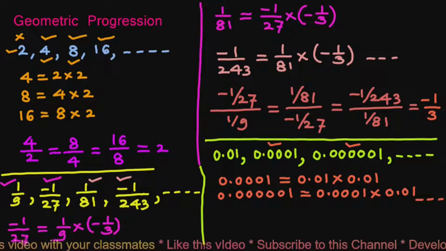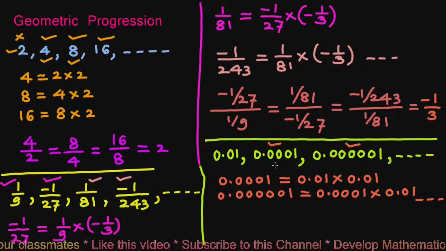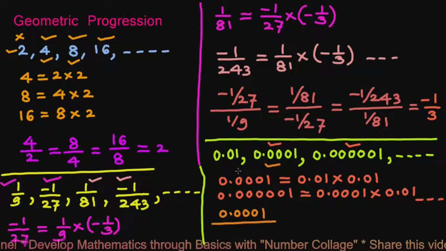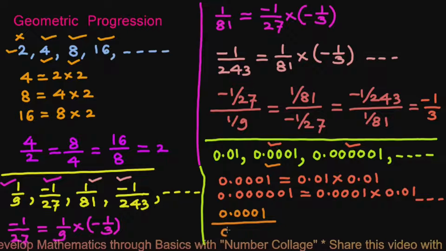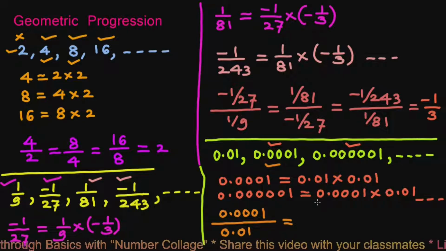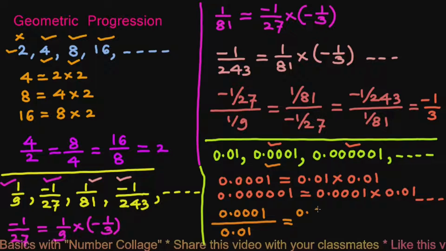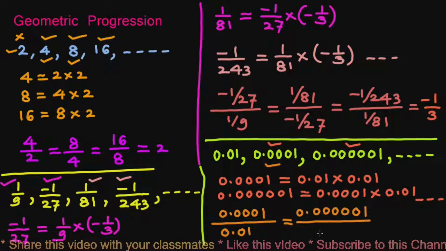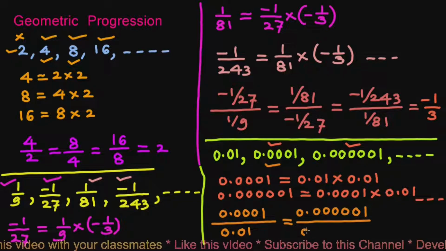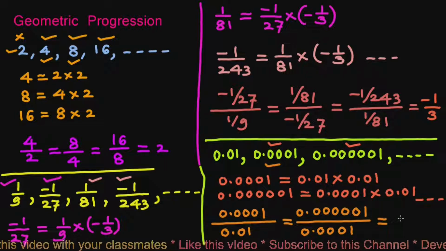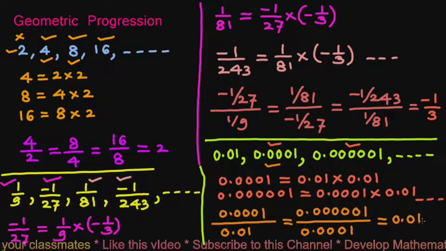In other words, we can say that the ratio of the second term 0.0001 and its previous term, that is the first term 0.01, is the same as the ratio of the third term, which is 0.000001, and its previous term, which is the second term 0.0001, which is 0.01.